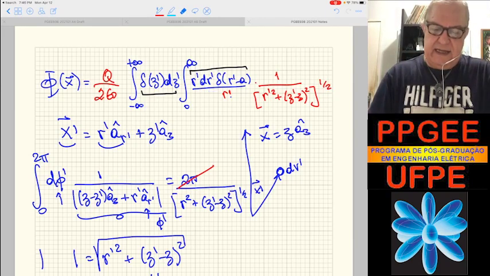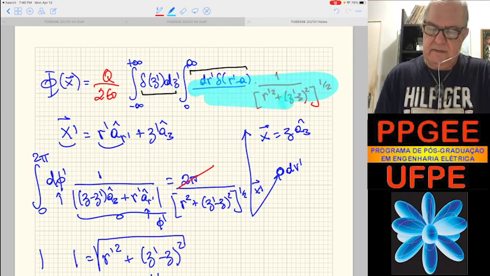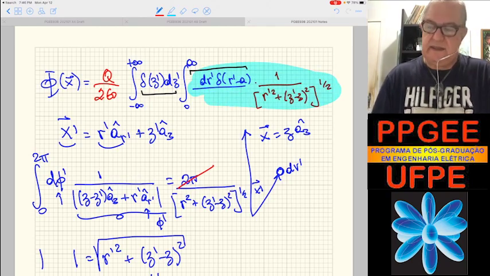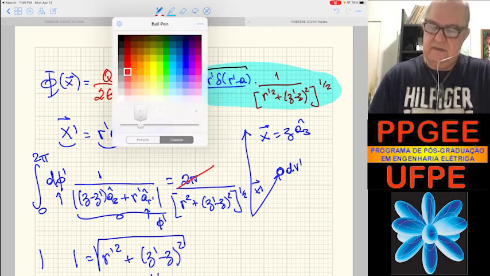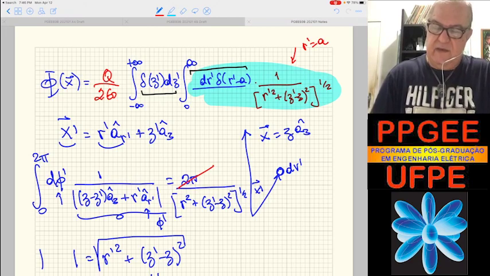Now notice that I can cancel this r prime here with that one, and this integral is easy to calculate. It's just this function at r prime equals a. So the result is going to be 1 over (a squared plus (z prime minus z) squared) to the 3/2.